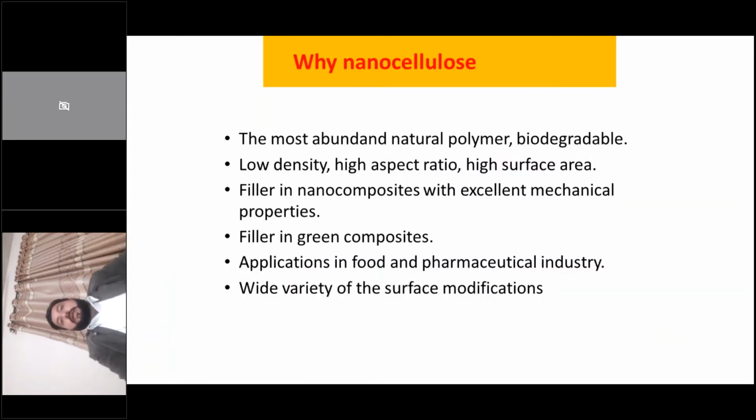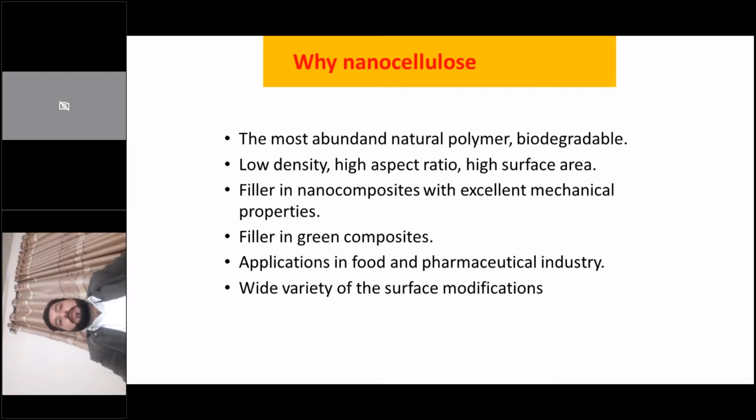Next slide, please. Now this slide addresses the literature record which shows why nanocellulose is so important to researchers when dealing with the synthesis of various types of composites and products. The most abundant natural polymer is cellulose, which is biodegradable.